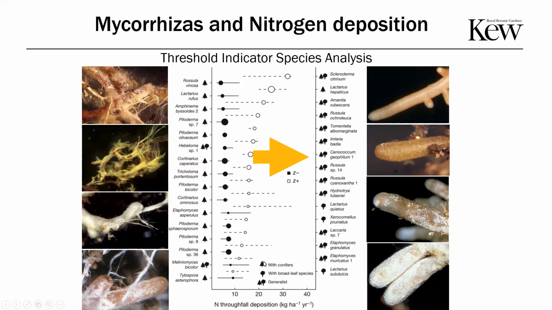The little symbols mean: the little pine, they associate with conifers; the little tree, with broadleaf species; and if they have both, they are generalists. And here I think you can also see that the ones that decrease look different than the ones that increase. Can you see that?